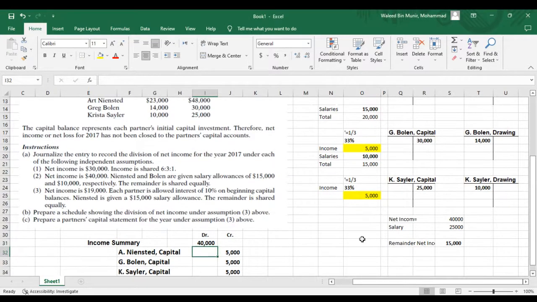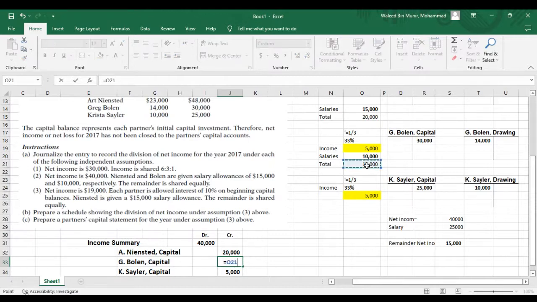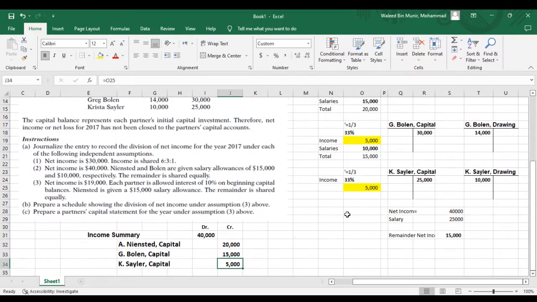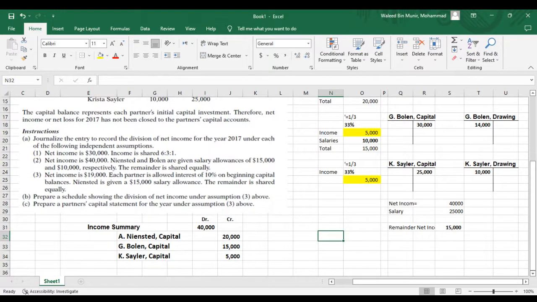So the total for the first one is 20,000, the second one 50,000, and the last one 5,000. Okay. So as you can see here. Okay, Doctor.